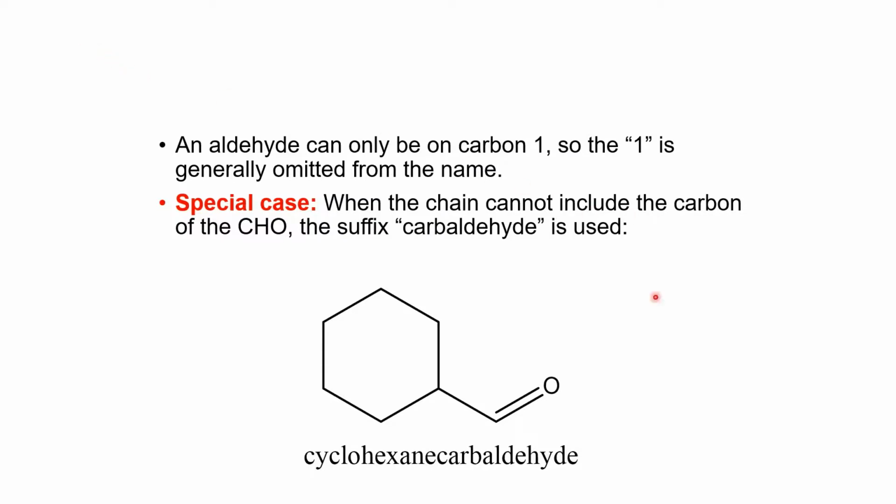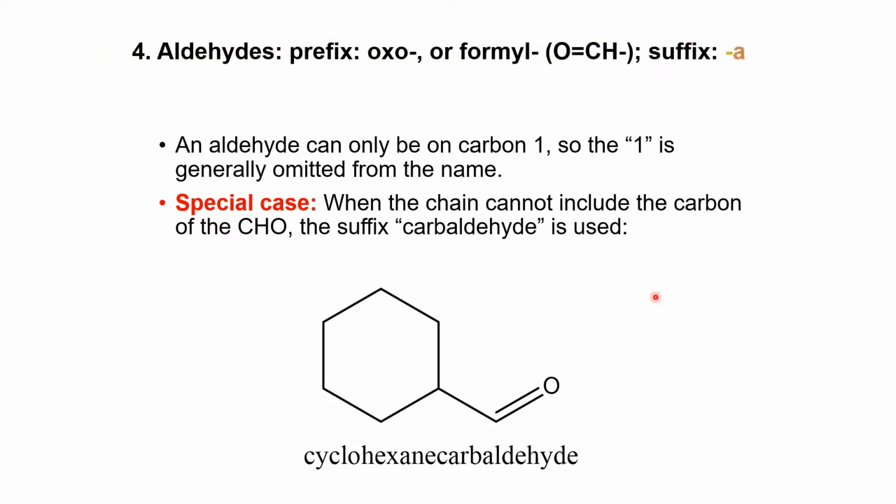Naming aldehyde is a bit special because aldehyde can only be at carbon number 1. So number 1 will generally be omitted from the name. In a special case where the chain cannot include the carbon from the carbonyl group, the suffix carbaldehyde will be used.